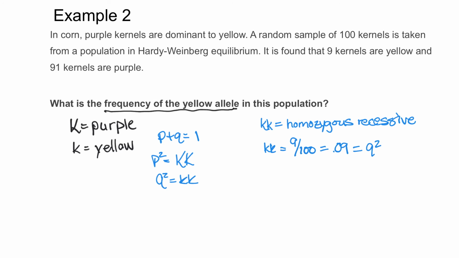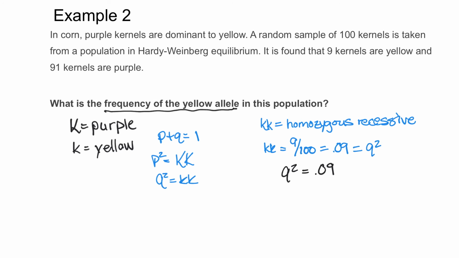So in order to get our allele frequency for the recessive allele, all we have to do is, so we have Q squared equals 0.09, right? We have to take the square root of both of these in order to get Q, which is what we're looking for.